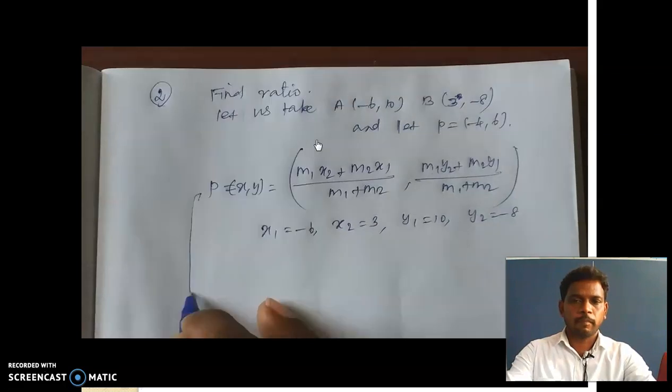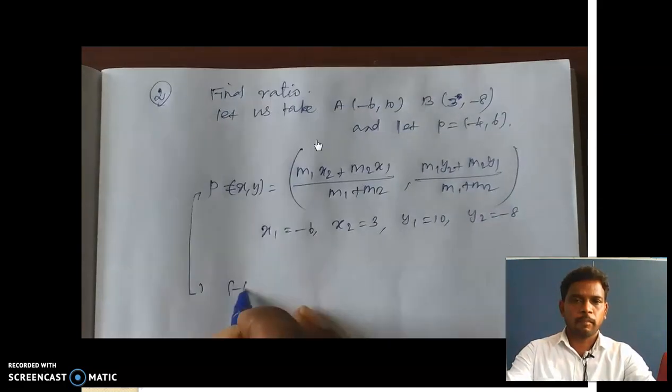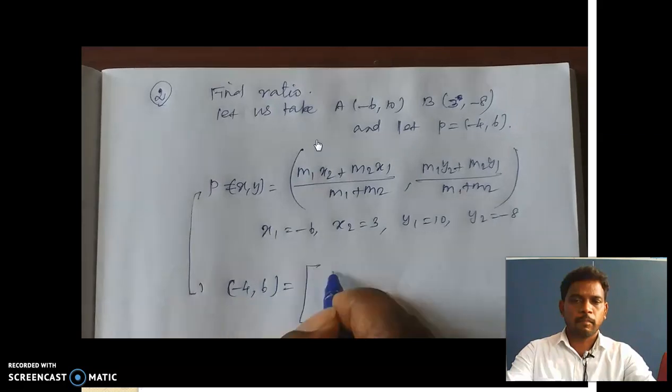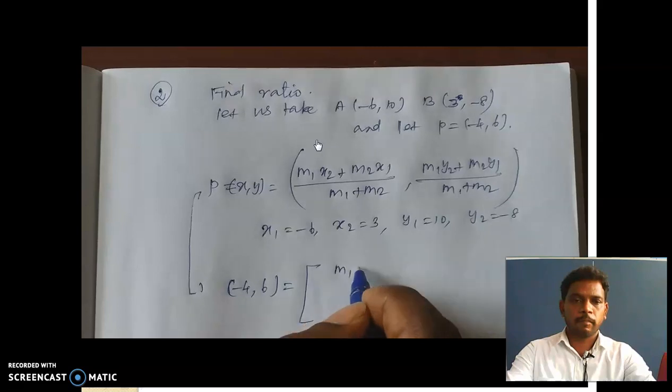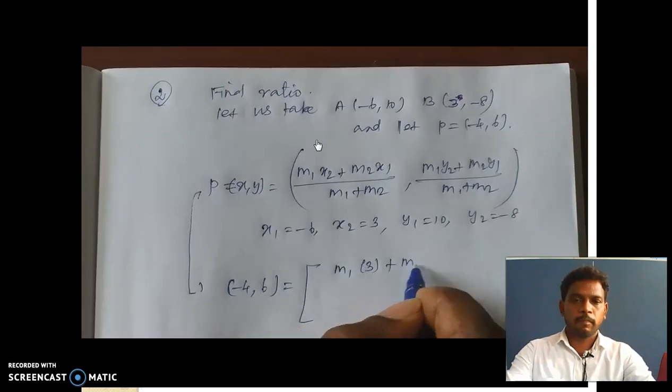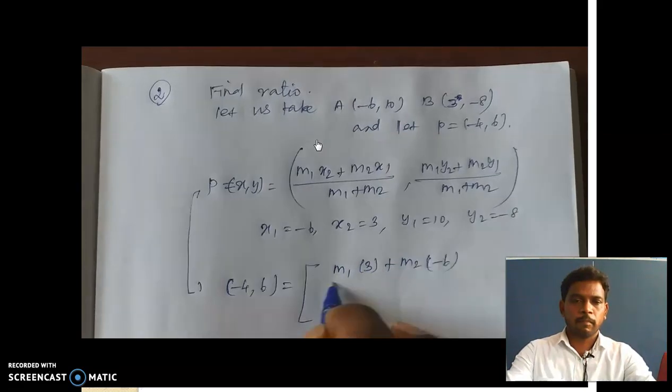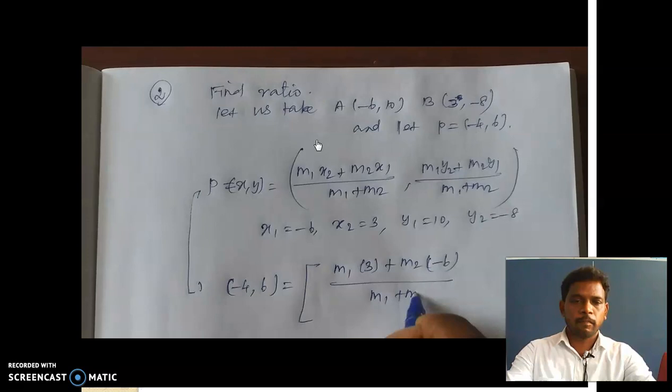So instead of P, let us take (-4, 6), which is given here. So m1 we keep as it is, that is an unknown value. So x2 value 3 plus m2, also unknown, and x1 value -6, divided by m1 plus m2, comma.